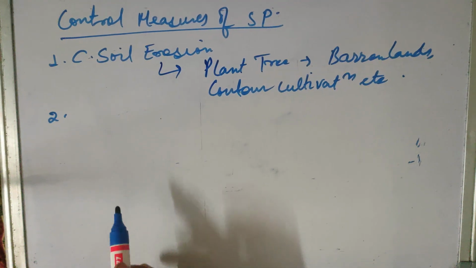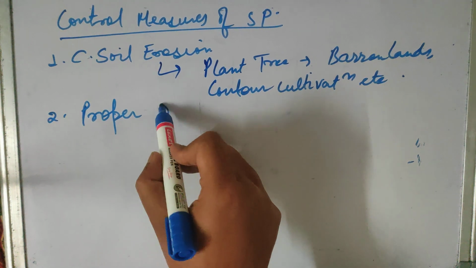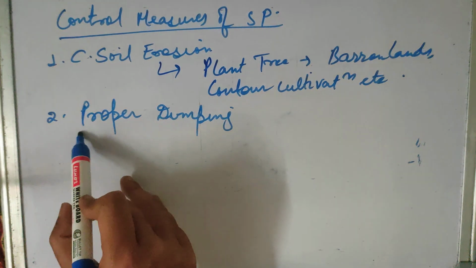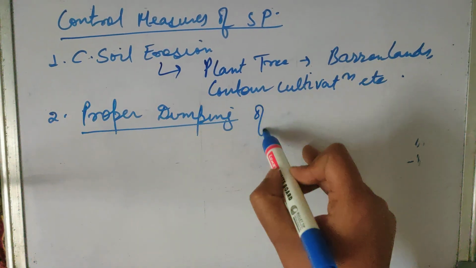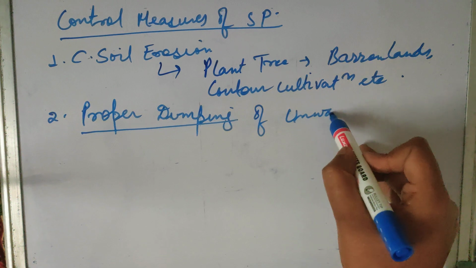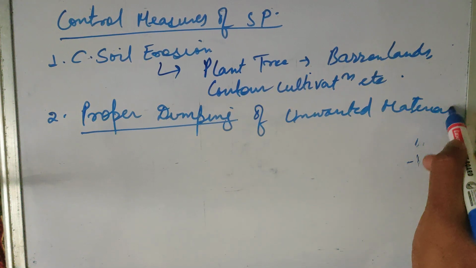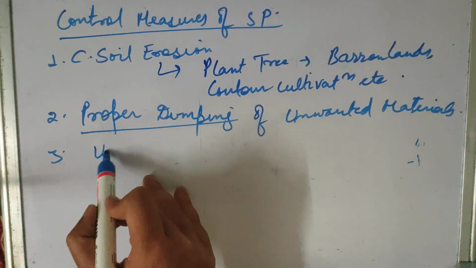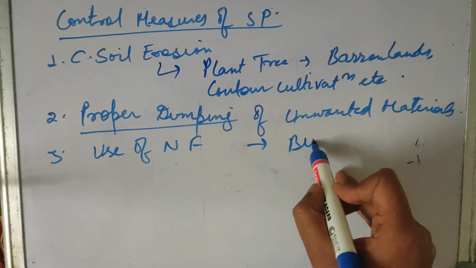We need to avoid dumping of unwanted materials, and when we are dumping, we need to use proper methods of dumping. Use of natural fertilizers, for example biofertilizers, we can use.